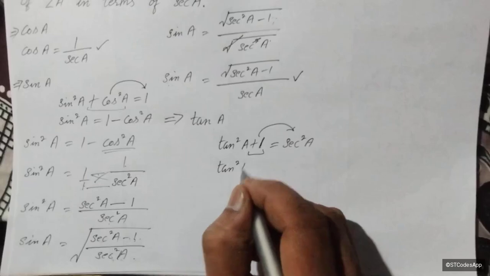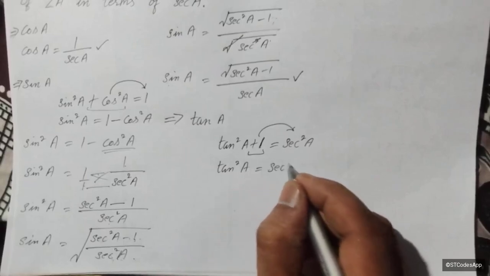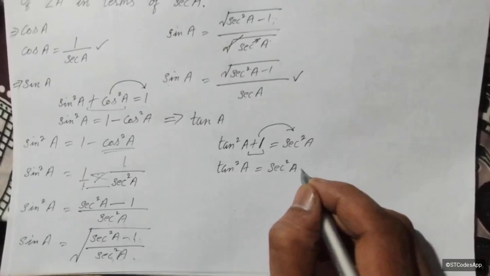Tan square A will be equal to sec square A minus 1.